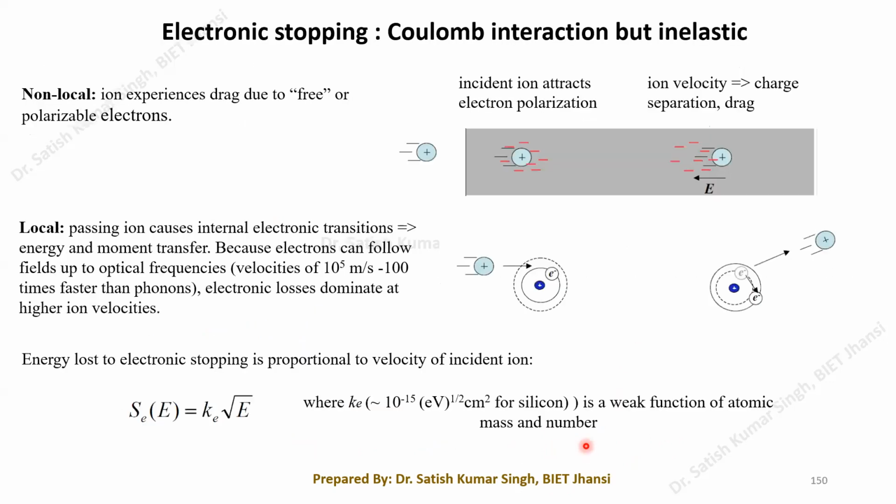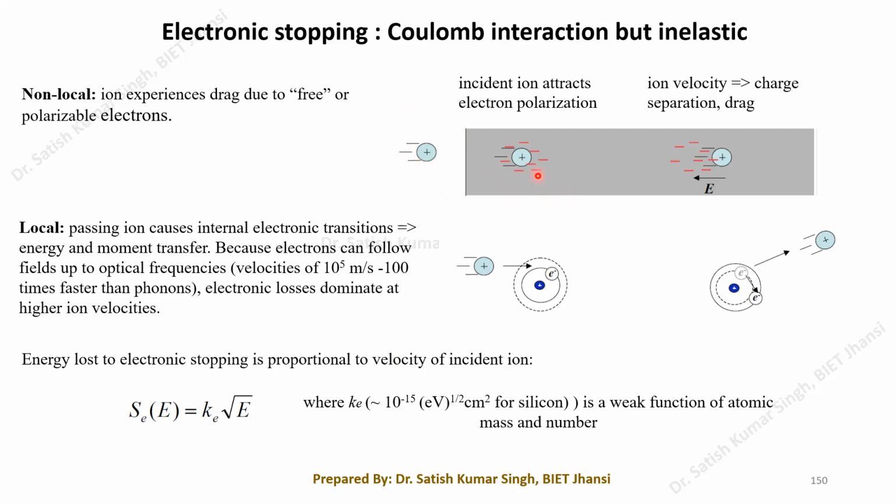Now we have the electronic stopping. In electronic stopping, it is basically a Coulombic interaction, but it is inelastic. In this case, an ion beam enters the material, and because of the charge on it, the ion is going to polarize the material.